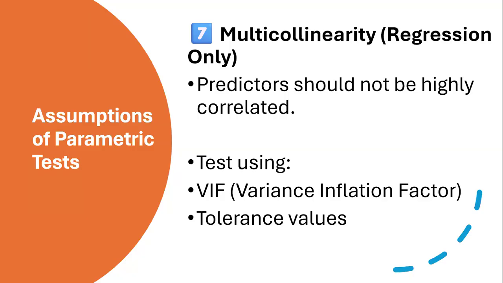Now, the main idea behind any regression modeling is to predict an outcome using some independent variables. So you are using the independent variables to gauge the outcome of the dependent variable. And we call the independent variables predictors.